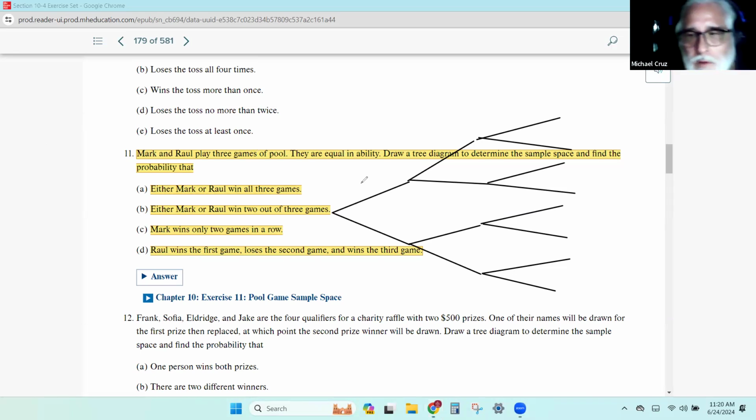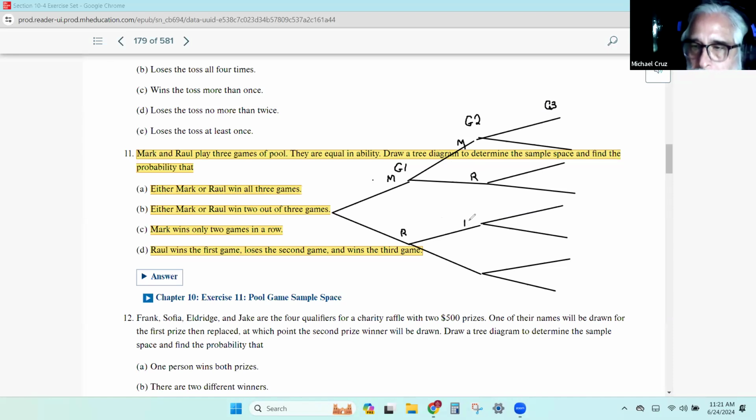So this would be Mark and Raul. And this would be game 1. I'm going to just abbreviate it as G1. G2 would be game 2. And then game 3. Now, in each one of the games, we can have only one winner, Mark or Raul.